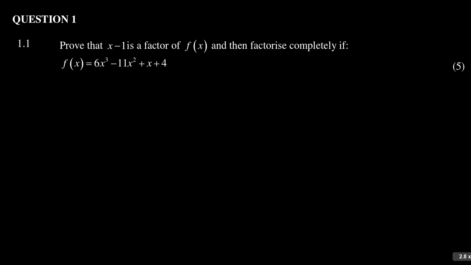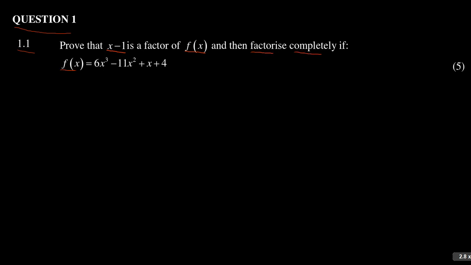Question number 1, and in question number 1 we have question 1.1. Now if we're looking at question 1.1, it says prove that x minus 1 is a factor of f of x, and then factorize completely.